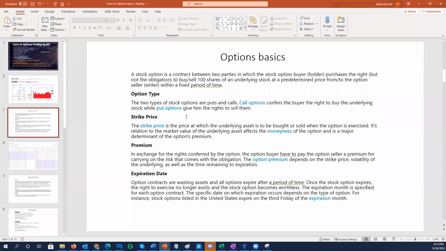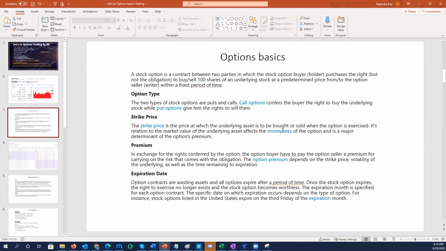Okay. Then the strike price is the price at which the underlying asset is to be bought. In the options market, strike price also plays a major role. I'll come to that point a little bit later, how the strike price looks and how they define the strike prices. So the strike price is like, you want the stock to go to a certain level. Suppose Apple is trading at 114, then the strike prices will be 115, 120, 130.